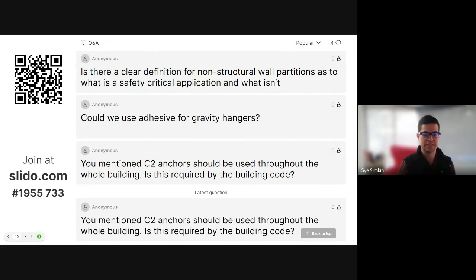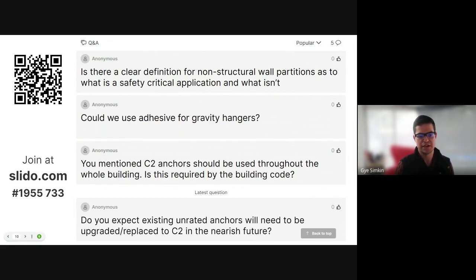Obviously the concrete standard now references essentially C2 anchors. So without any further guidance on that, engineers are defaulting to C2 anchors at the moment.